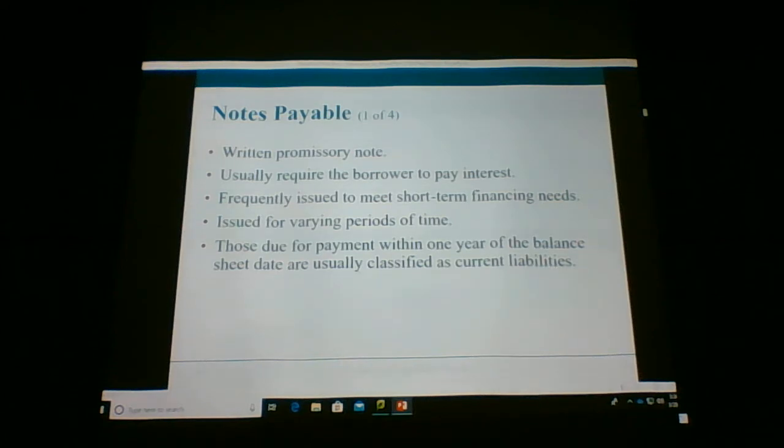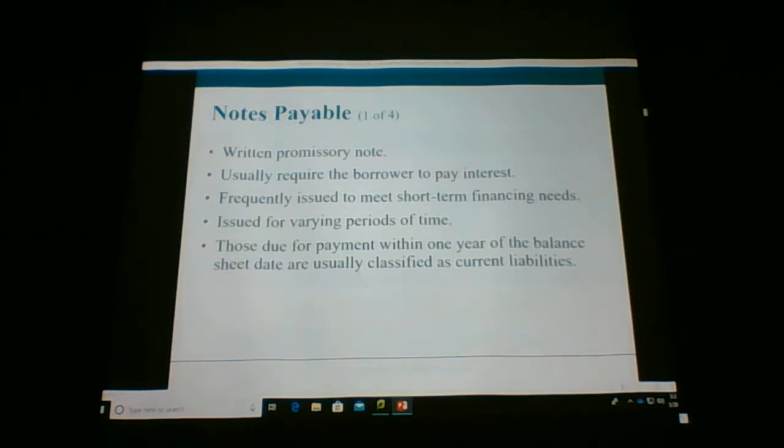Okay? Now, your next item here says frequently issued to meet short-term financing needs. Well, that's because when we're talking about notes payable right now, we're talking about notes payable as a current liability, and if a current liability has to be paid within 1 year, for the most part, then we would be talking about debt of a short-term nature.